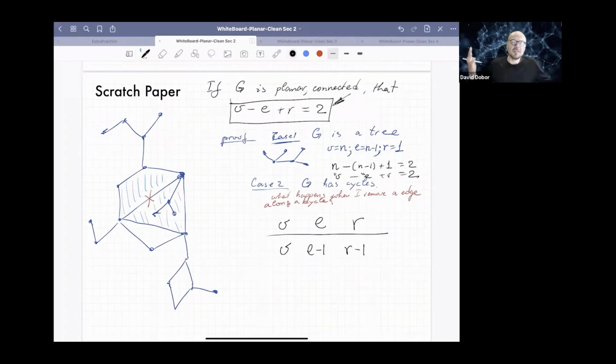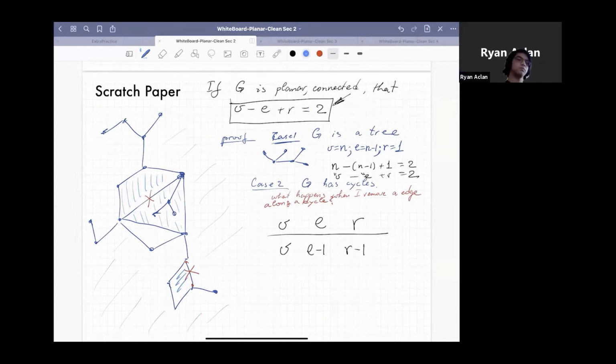Now I go look at the graph again, look at any other cycle that might be in the graph, and I remove the edge along that cycle. Suppose that next time I pick this one. I have this graph, by the way, inside the ocean, so I have this infinite body of water too, right? So when I remove this edge, this dam just broke. This little pool that I had inside the cycle just got merged with the entire ocean.